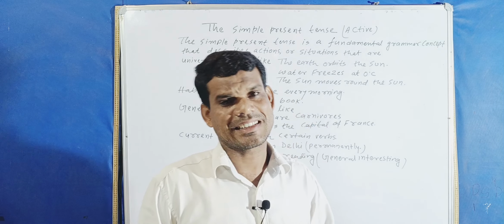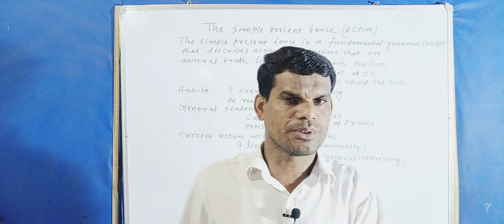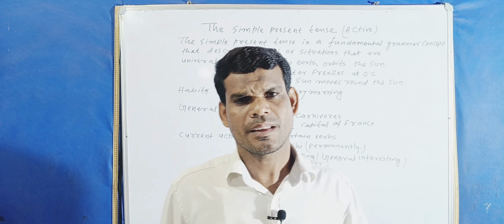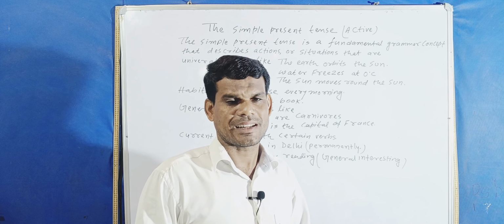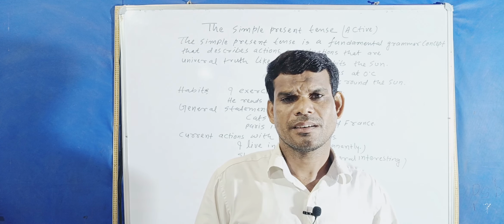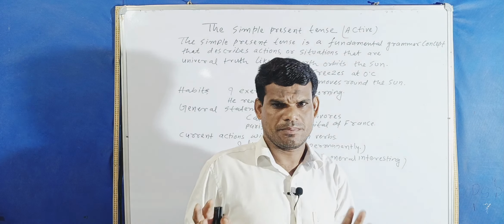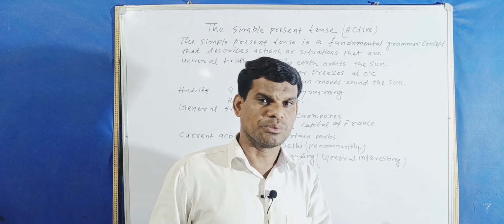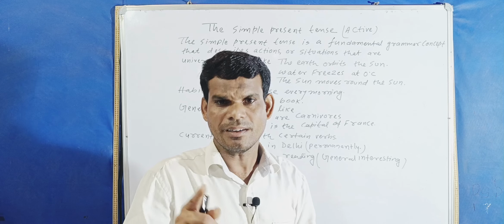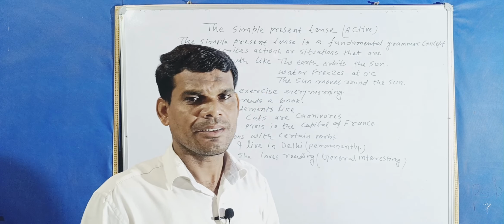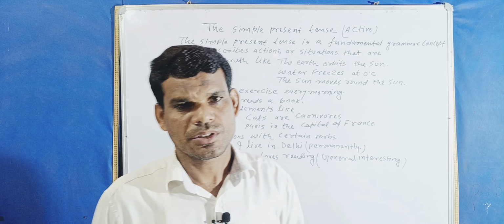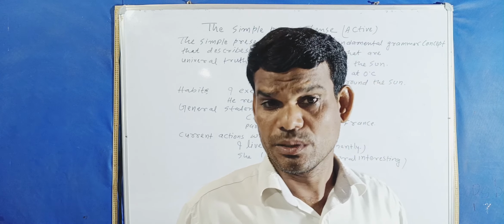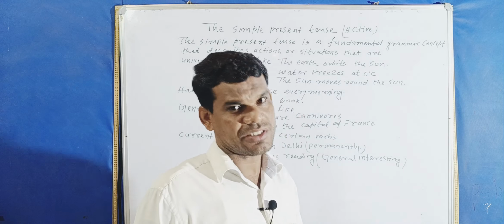As we have already discussed in Hindi videos, these things will be repeated here the same. In simple present tense in the affirmative, in the active form, there are generally two verbs used, that is verb 1, the root verb, and verb 5. Now we will see where and how verb 1 and verb 5 will be used as per the persons and subject.